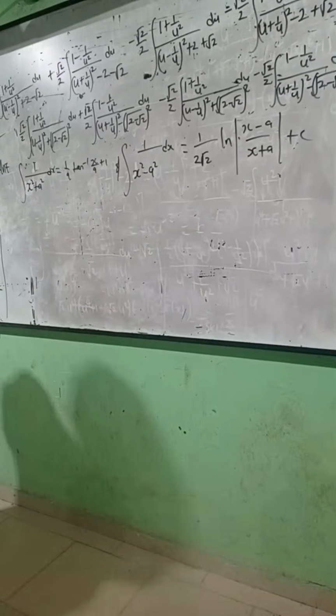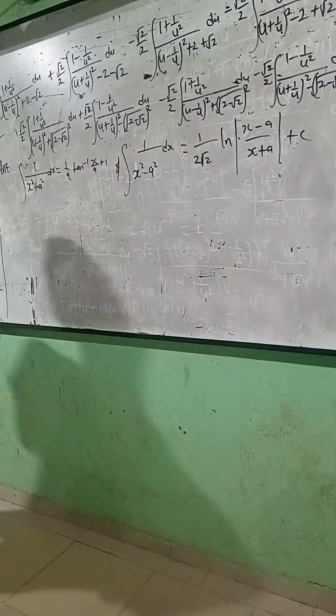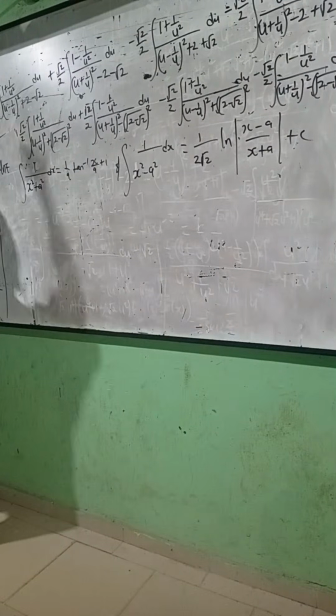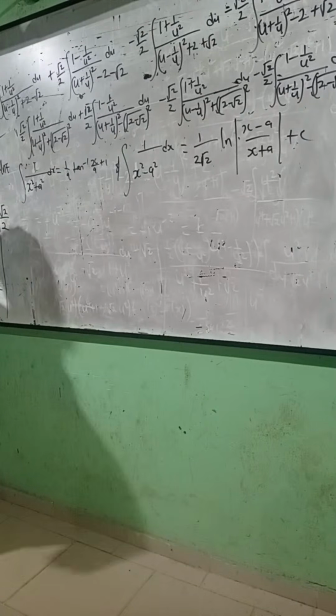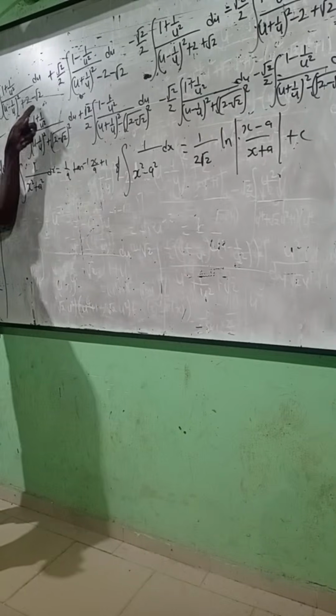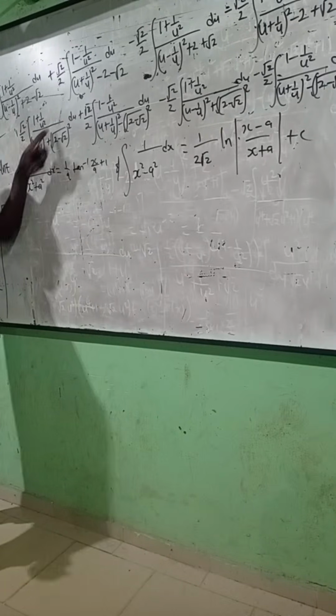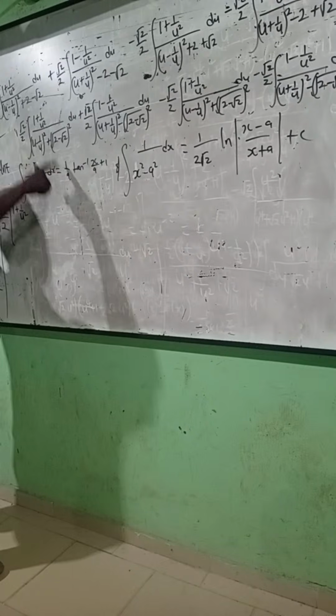So at the end of the day, since root 2 is common to every term, let's just write the same thing. The answer to this is root 2 over 2. Now this is 1 over 8. What's our 1 here? 1 plus 1 over u squared. So here we have 1 plus 1 over u squared over 8. What's our a here?